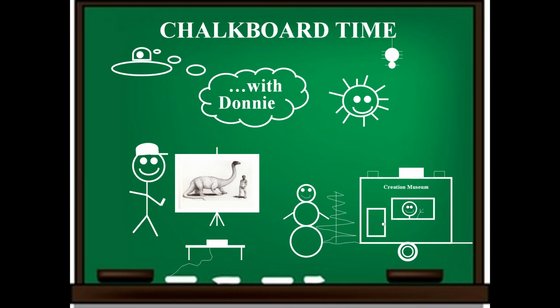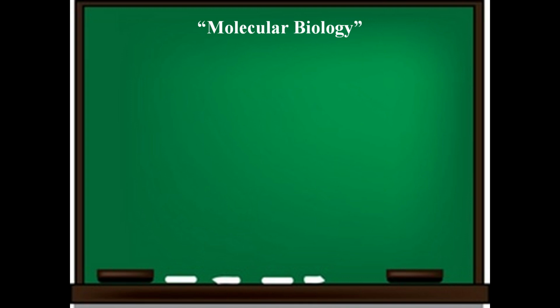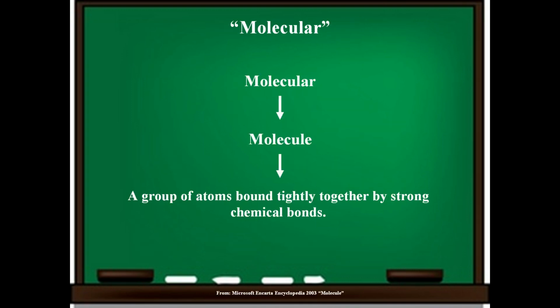But we're going to talk about molecular biology. Now, molecular, when you're defining it, you take it down to molecule, a group of atoms bound tightly together by strong chemical bonds.